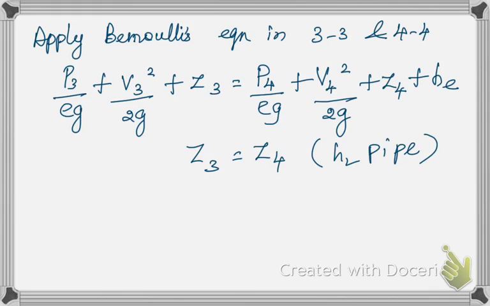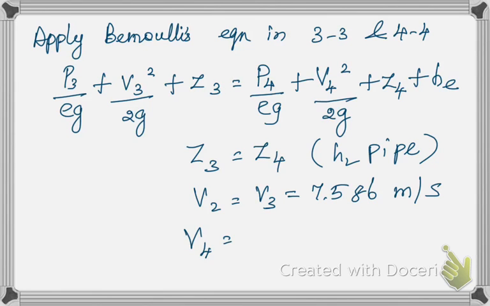So as I have told earlier, V2 will be equal to V3. So that is equal to 7.586 meter per second. And similarly, V4 and V1 will be equal. So we have established a relationship between V1 and V2 as V1 is equal to V2 by 4.